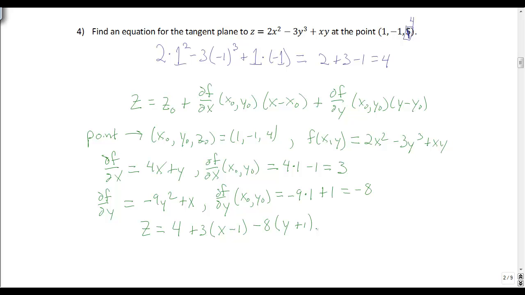You could simplify this down and say z equals, let's see, let's just expand it out here, 4 plus 3x minus 3, minus 8y minus 8.